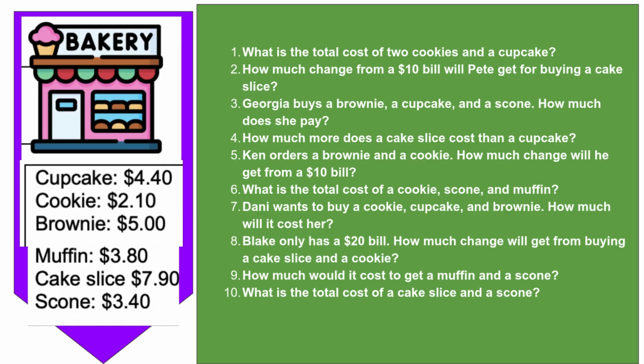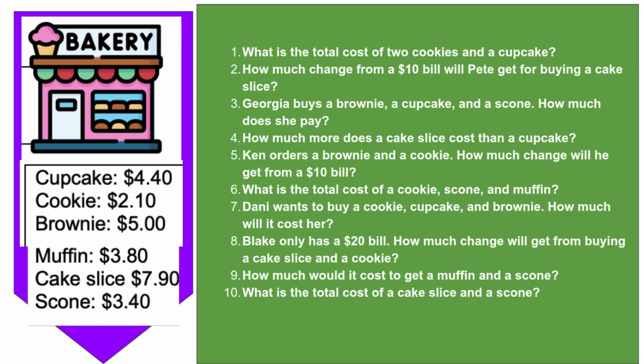We have cupcakes for $4.40, cookies for $2.10, brownies for $5, muffins for $3.80, a slice of cake for $7.90, and scones for $3.40. I don't really remember what I put there, but yes, scones.